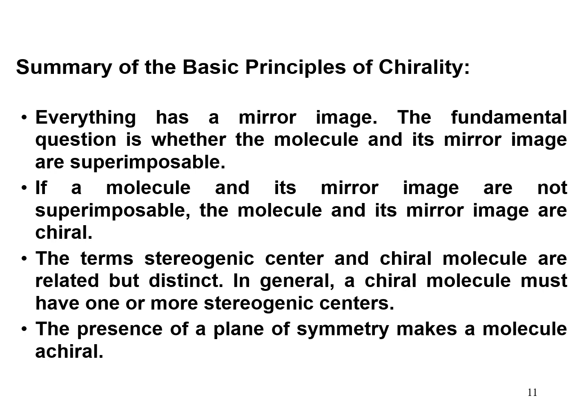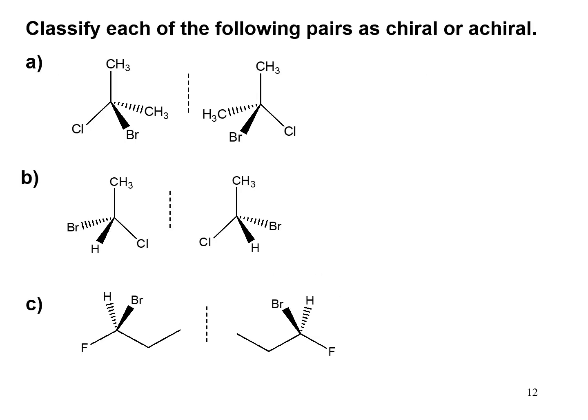The presence of a plane of symmetry makes a molecule achiral. Therefore, the distinctive feature between chiral and achiral is the existence of a plane of symmetry, which means if a compound has a plane of symmetry, we say that it is achiral, but if a compound has no plane of symmetry, we say that it is chiral. So a chiral compound may have one stereogenic center or more than one stereogenic center.